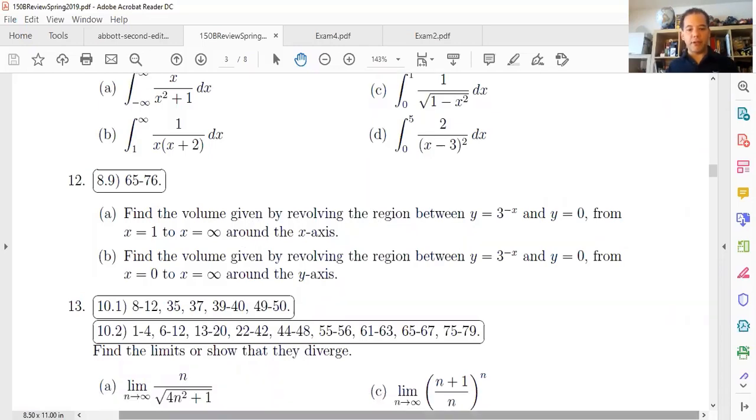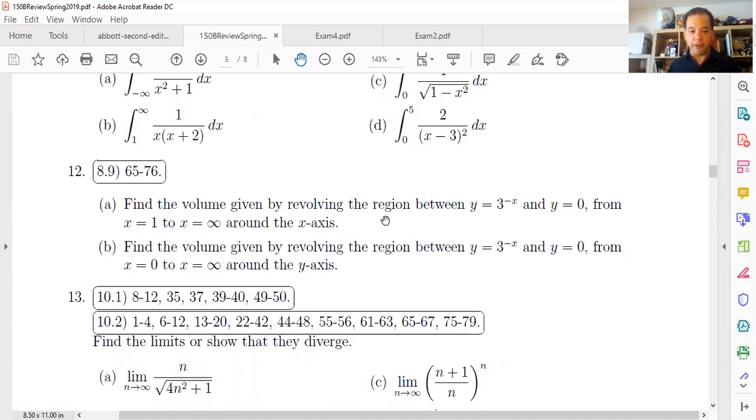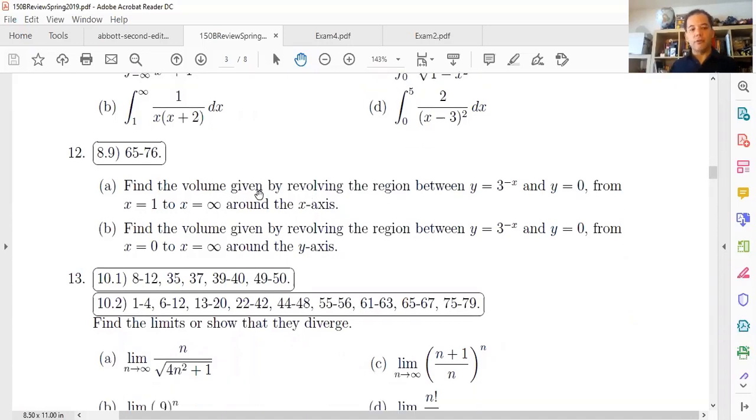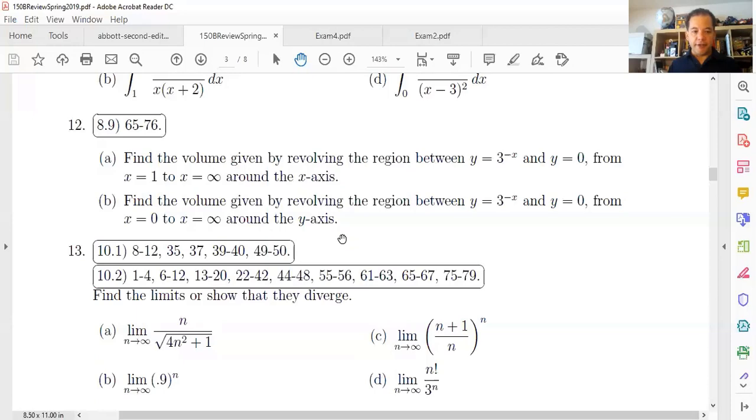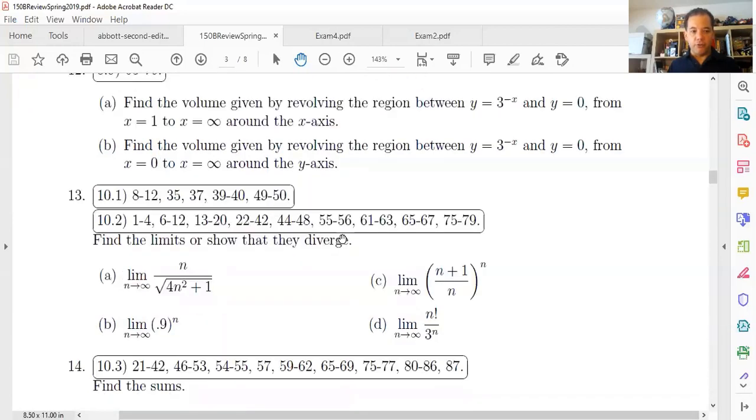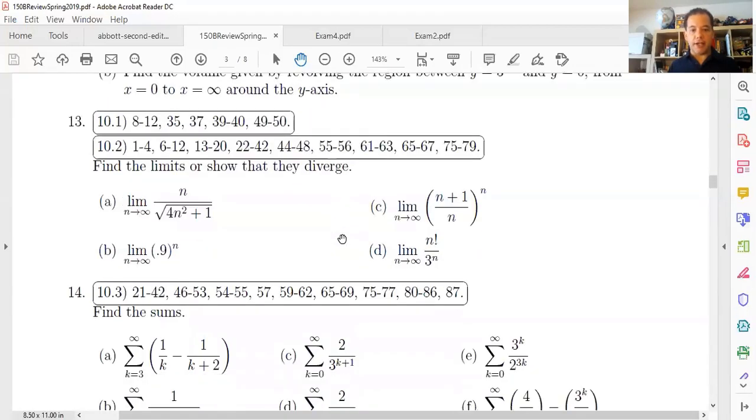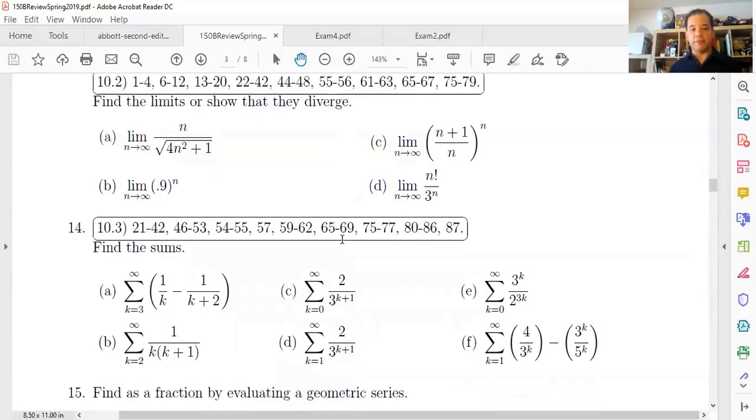I'm going to skip that part because I don't think we're going to have any in the final exam where you need to do a volume of a surface of revolution. You don't need to check this problem 12, okay? Instead, we can go now to sequences and limits.